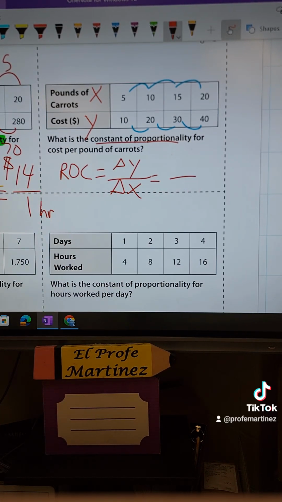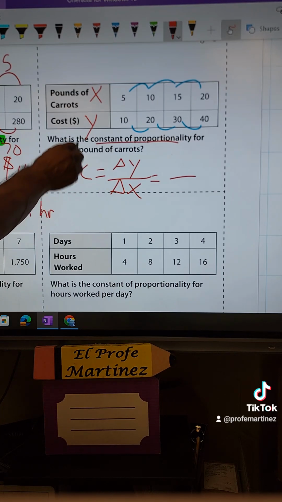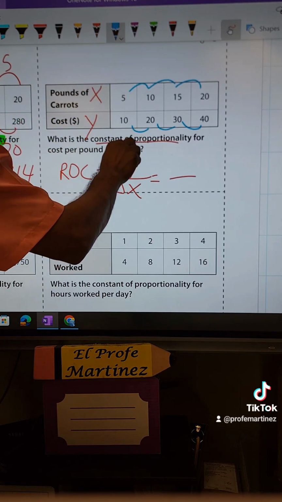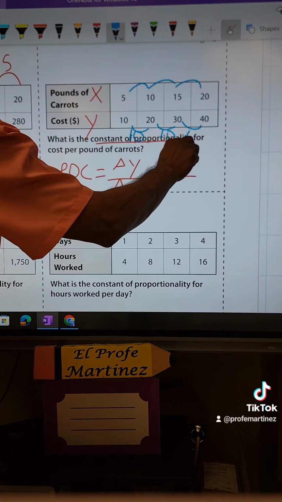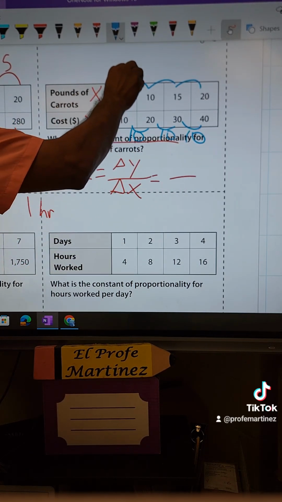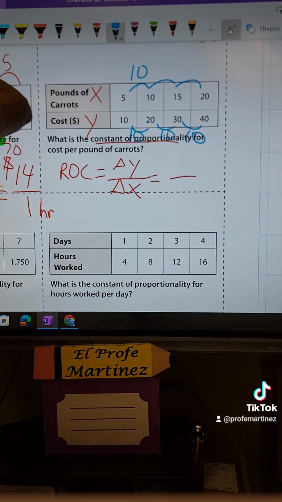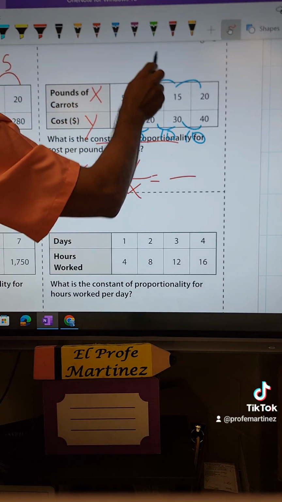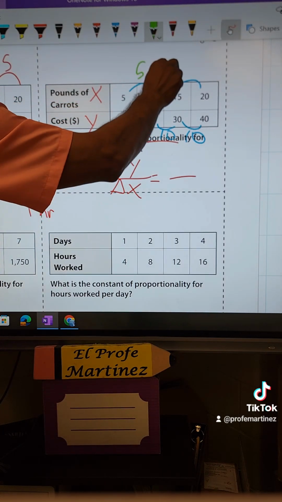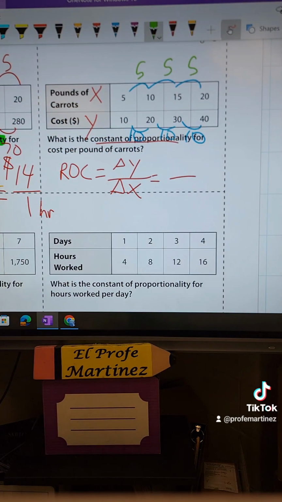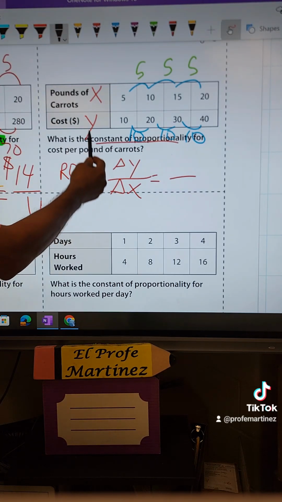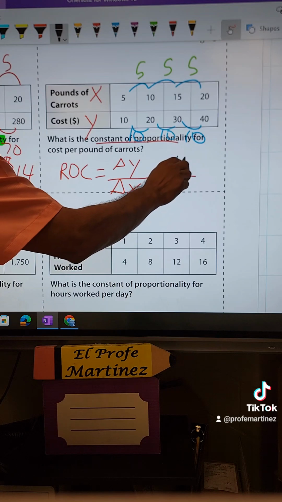As I can see, the Y value, or the cost, is going by the same number, 10. And the pounds of carrots are going by 5 at the same time. So my change in the Y, my cost, is going up by 10.